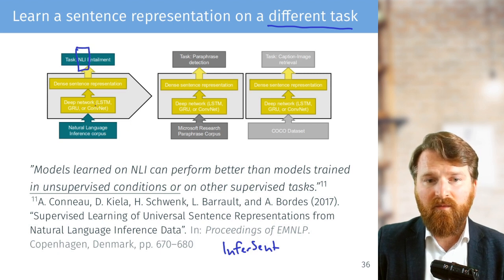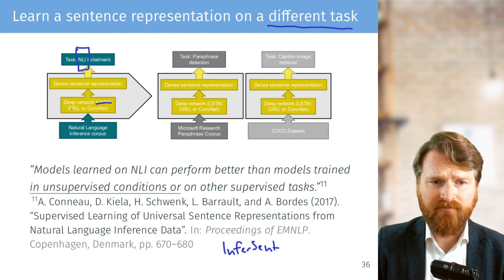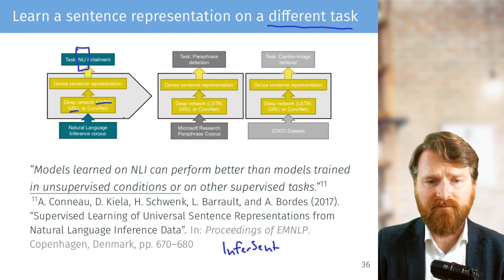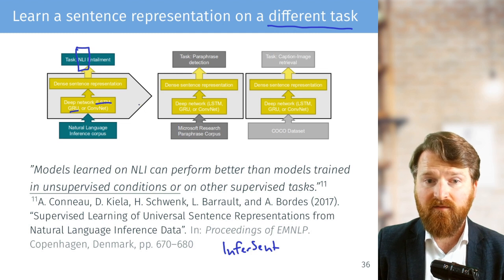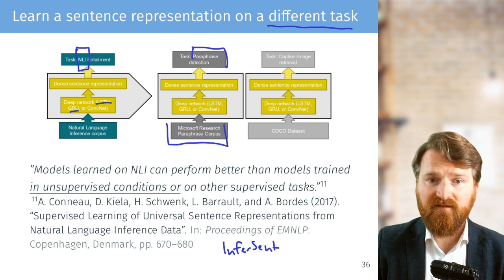So the architecture that they used was some recurrent network, LSTM or gated recurrent unit. So basically it learns a representation in the last hidden state. And they use this representation then for training on another task. So they took this representation and then trained another task, which is the Microsoft Research Paraphrase corpus. And the task is to detect paraphrases.